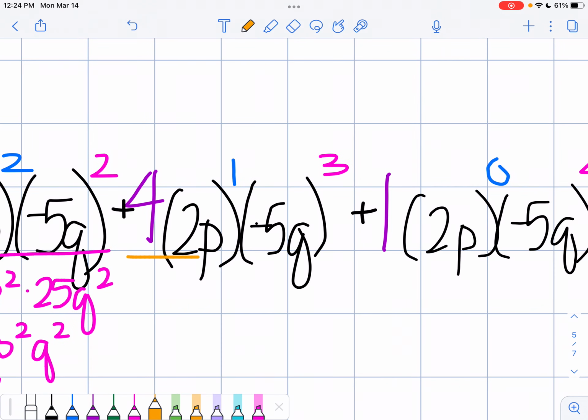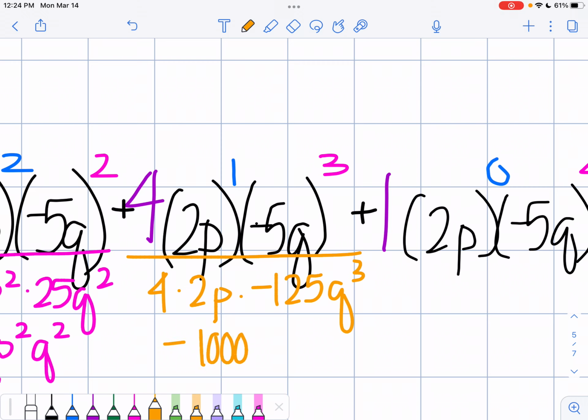I come over here, I have a 4 times 2p, and negative 5q to the 3rd power is negative 125q to the 3rd. So this becomes 8 times negative 125, which gives me negative 1,000pq to the 3rd.